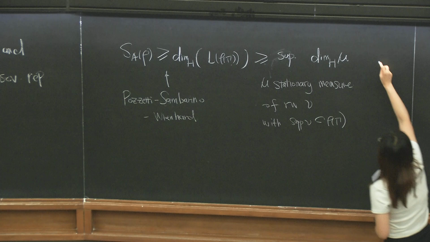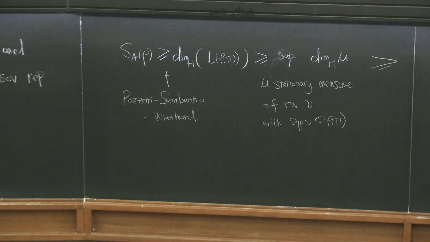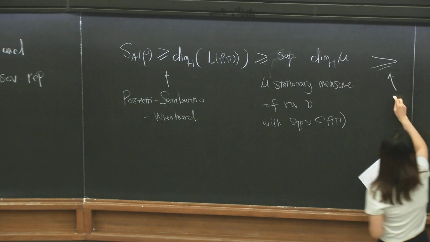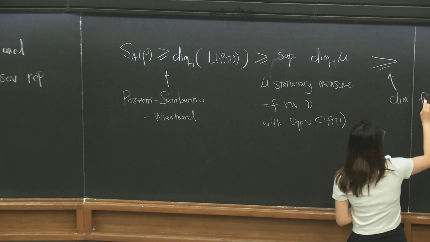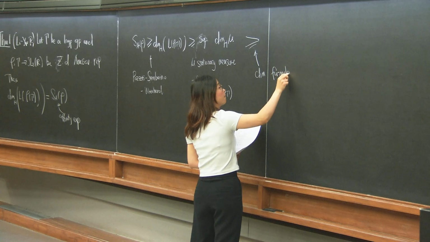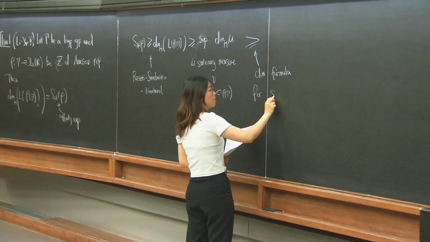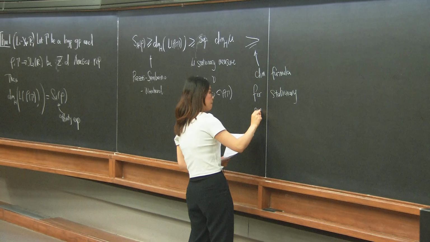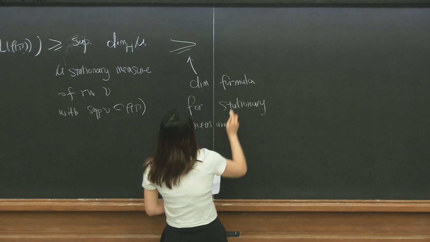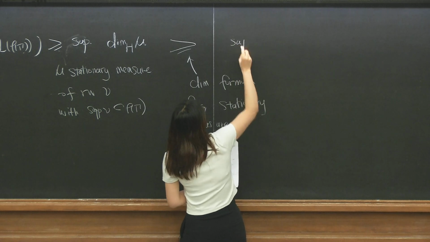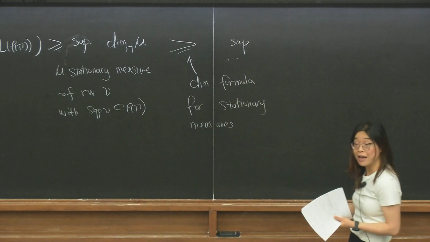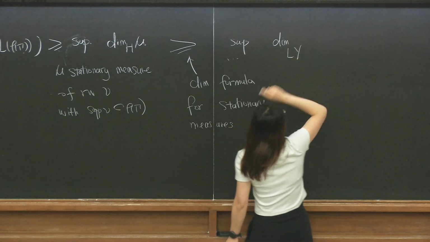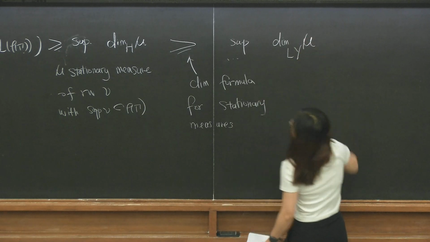And we can use the dimension formula for the stationary measures. So it's actually greater or equal than the sup of some nice stationary measures, and the Lyapunov dimension of the measures.